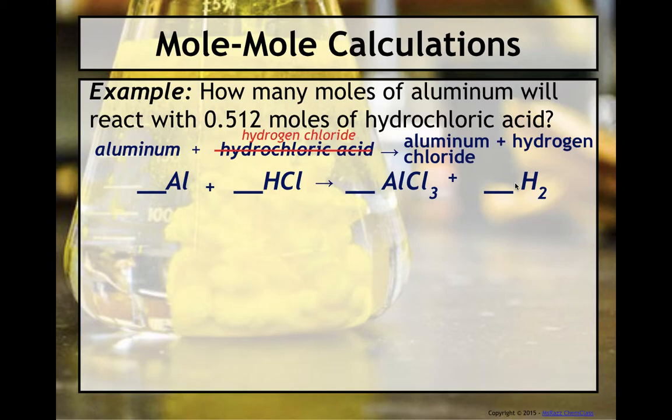Are we finished? No, because we need to make sure that everything is balanced out properly. So, I've got 1 aluminum, 1 aluminum. That's fine. I've got 1 hydrogen, 2 hydrogens. Uh-oh. I've got 3 chlorines, and I've got 1 chlorine.